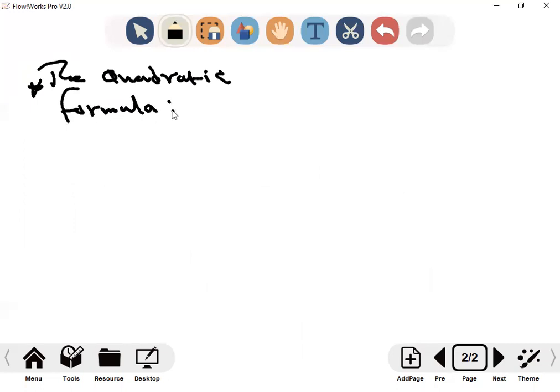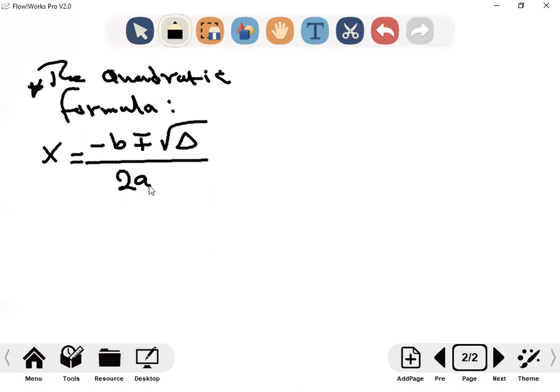It's the value for x, right? At the end, we want x equal to a number. The solutions: x equals minus b plus or minus square root of delta, which we found, over 2 multiplied by a. What's b?